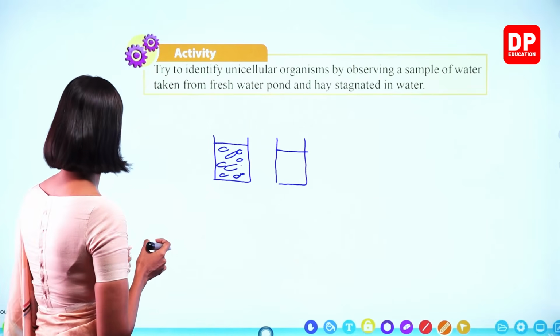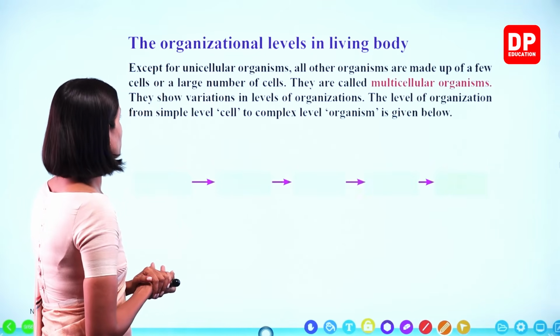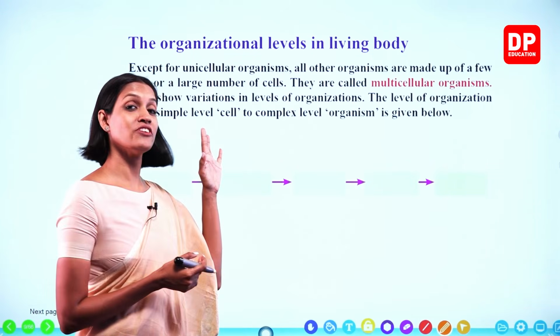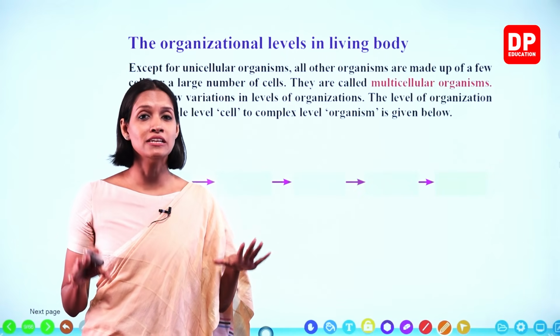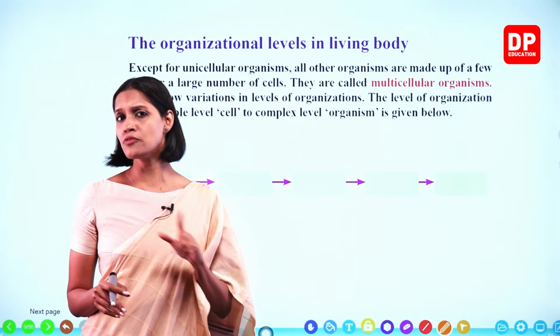Okay. Now we are moving to this very important topic, the organizational levels in the living body. Now we know that the basic building unit of an organism is the cell. And at the same time we learned that some organisms have only one cell.